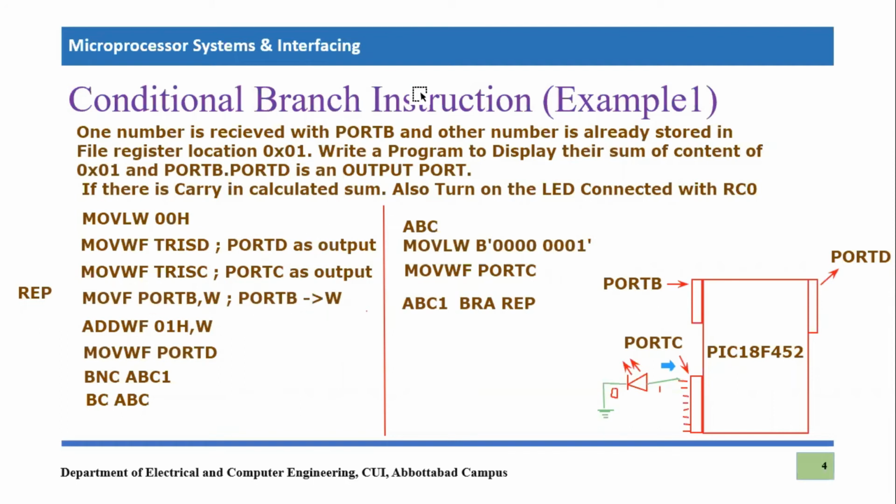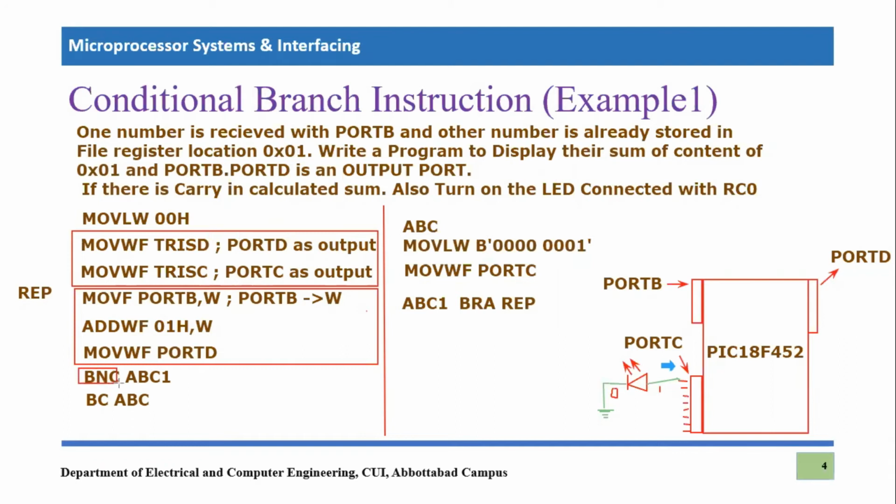Let me repeat the complete program. First of all, we configured port C and port D as output. This is the area where we perform this output configuration. In this area we fetch information from port B into the working register, then add this working register with the 01 hex content, and we also move the sum into port D. Now these are the two conditional statements.